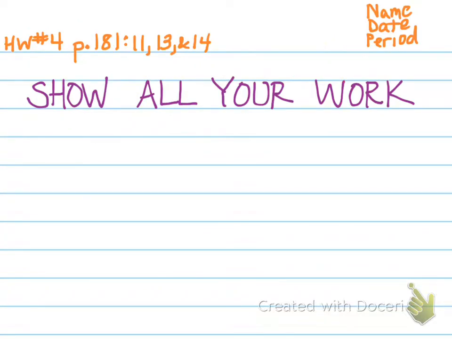If I do not, I'm going to return it to you ungraded, and you will have to resubmit it showing all your work. And if you don't resubmit it by the 2:30 p.m. deadline, it'll be counted as late. So I'm telling you right now, show all your work when you do it the first time so you don't have to resubmit it. Okay?